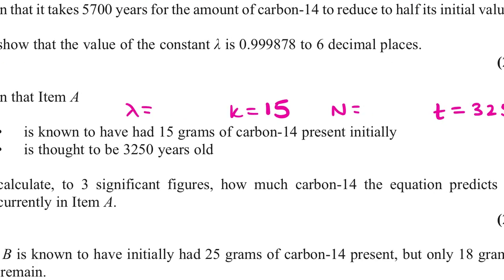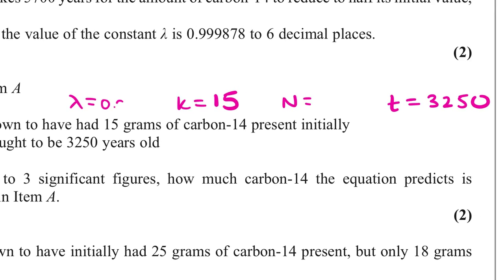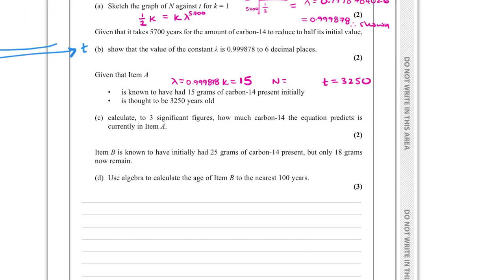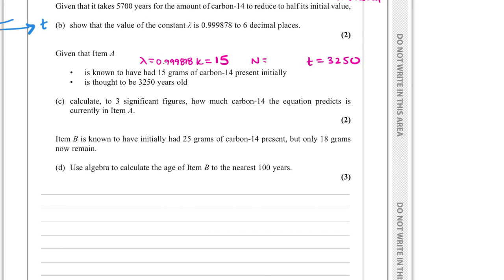Yeah, 0 point exactly. And because it's to 6 decimal places, I'm going to use that. So literally, I'm going to put this into the equation. So I'm going to get n equals 15 times 0.999878 to the power of 3250. Literally substituting that into my calculator.